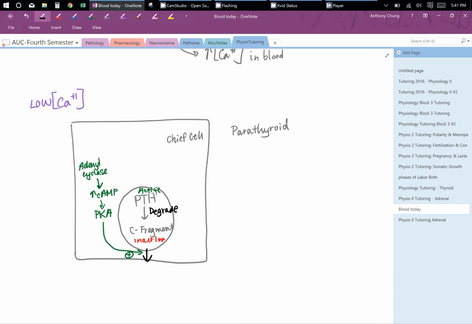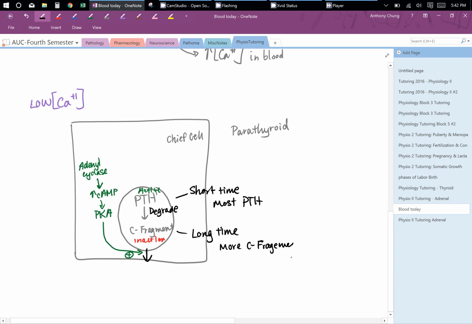So if it's a short time, you have mostly PTH. And then if it stays in a long time, you have more C fragments. Okay. So this is all very much time dependent.